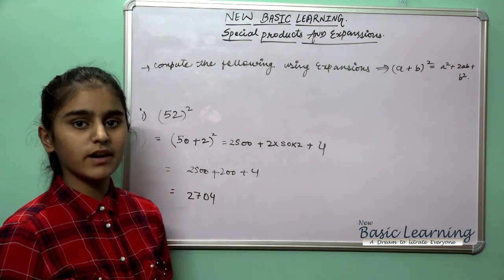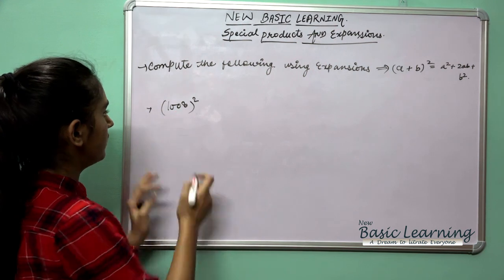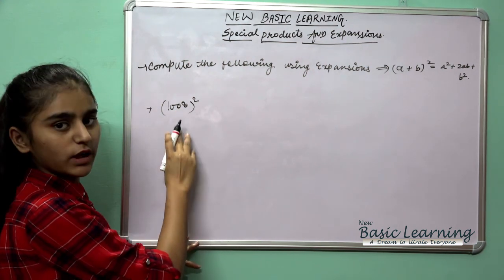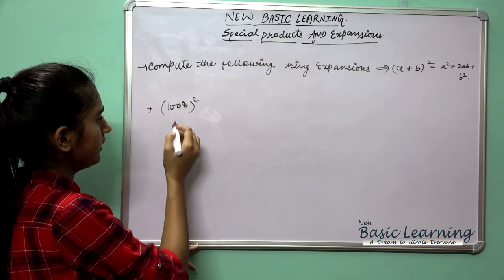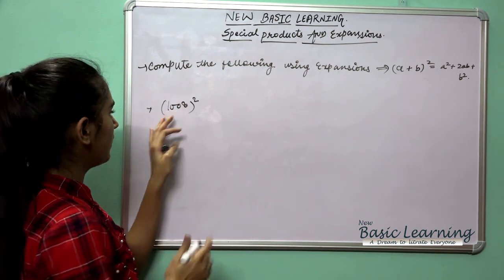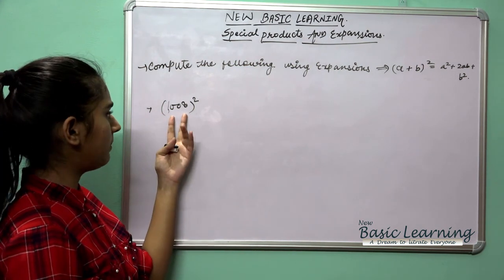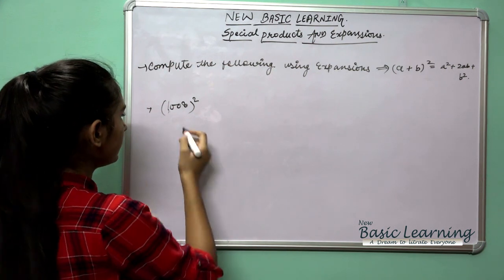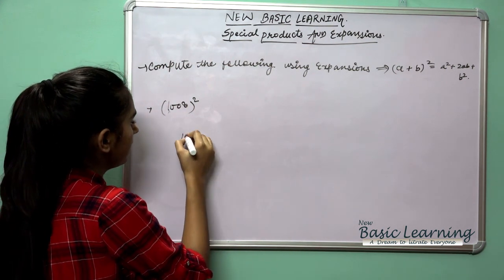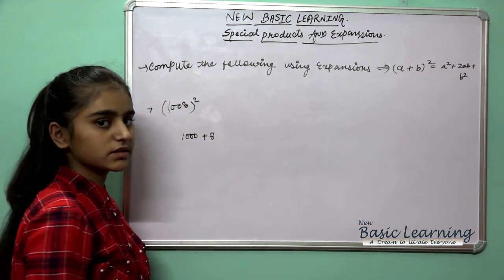Now I will take another question. Now the question is this part. Now we have to calculate 1008 whole square. So how will you apply the formula for this part, it will be easy. It is 1000 plus 8.